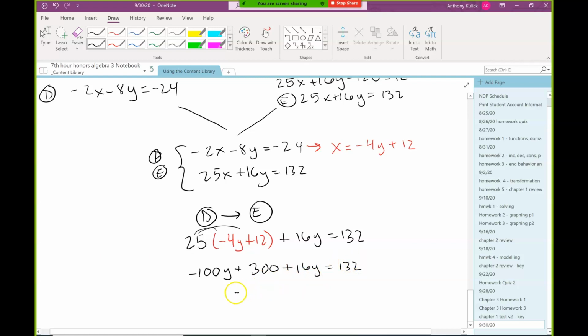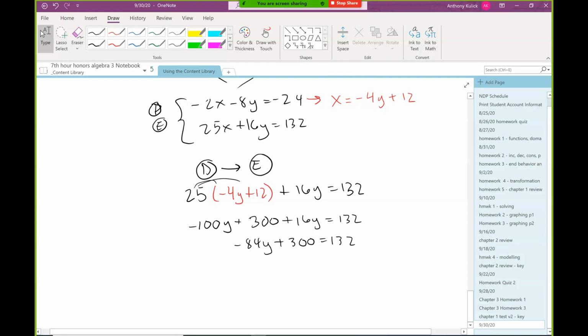So we combine like terms, negative 84y plus 300 equals 132. If I subtract 300 from both sides, I get negative 168, excuse me. And if I divide both sides by 84, I get y is equal to 2.